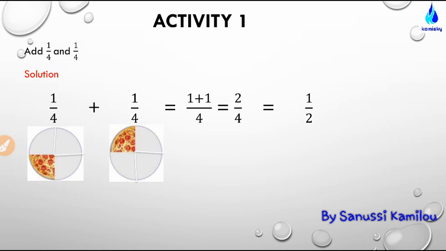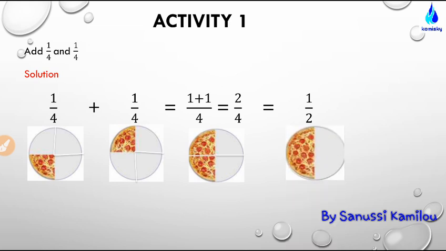So if I put the second one on the first one, this is what we'll get, is it not so? We'll get 2 out of what? 4. And looking at it very well, if they are together, you can see that it's half of the pizza. That's why we are saying, if it's possible, you should what? Simplify it. So the half is the same as 2 over 4.